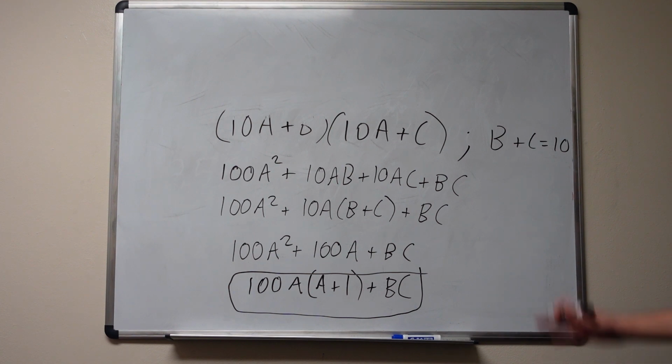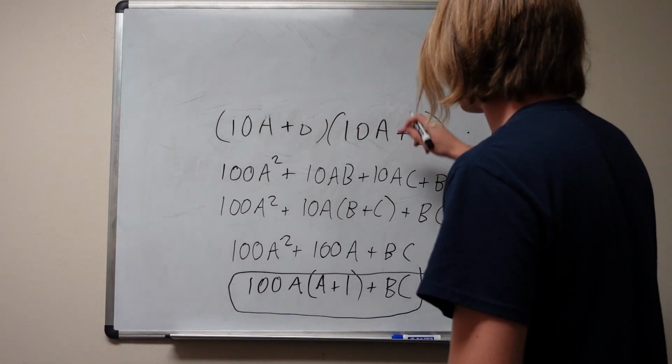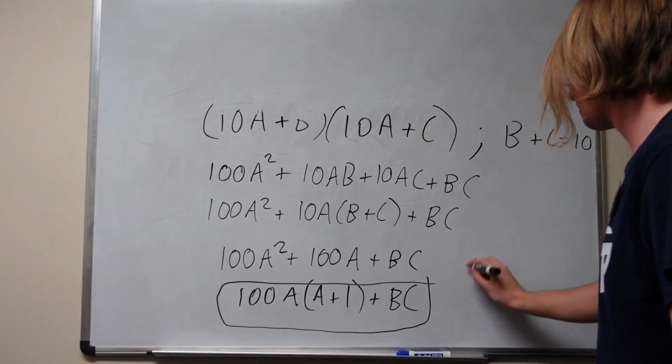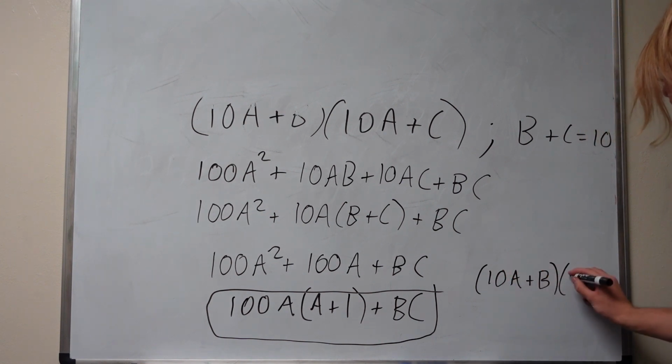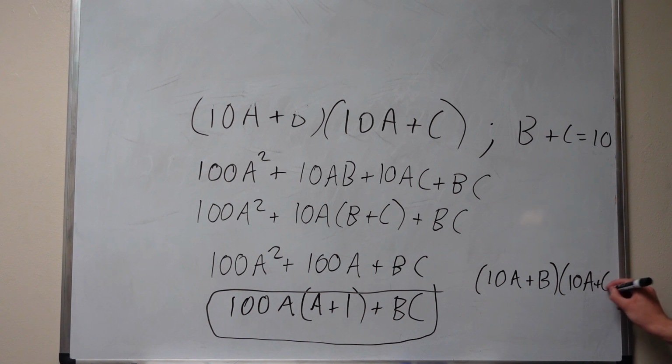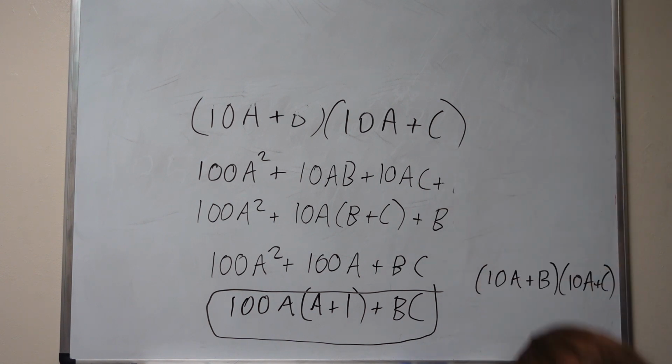So that's how it's made real quick. In this case, I'm going to rewrite this down here. So 10A plus B times 10A plus C. I don't know if the camera can get that, but cool.